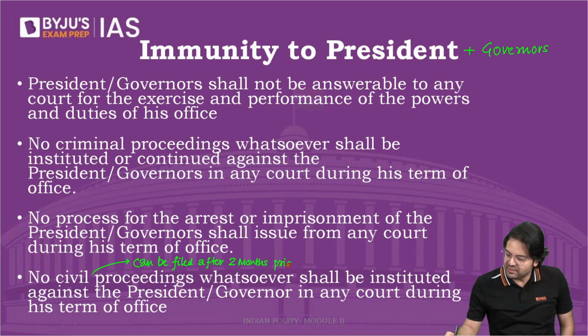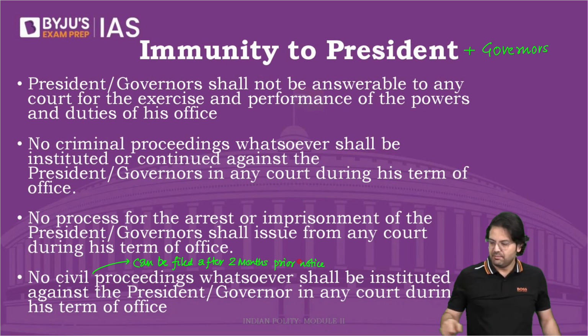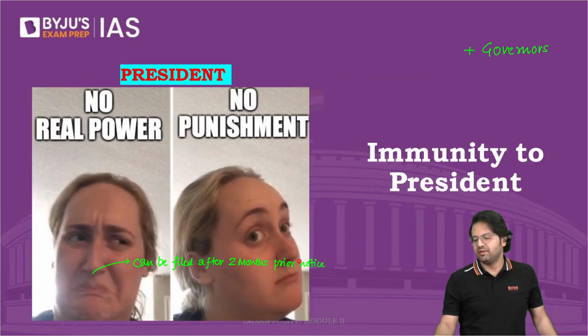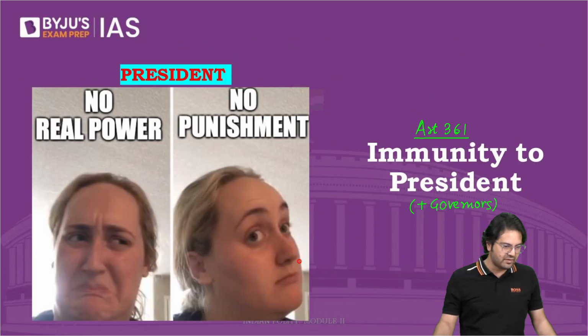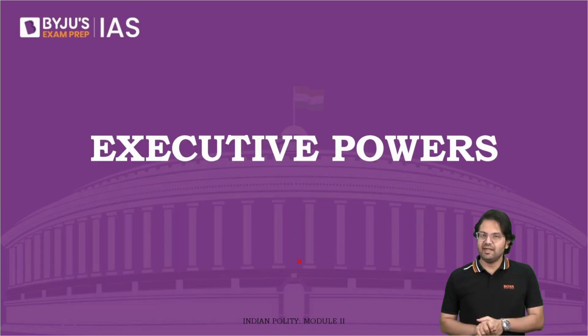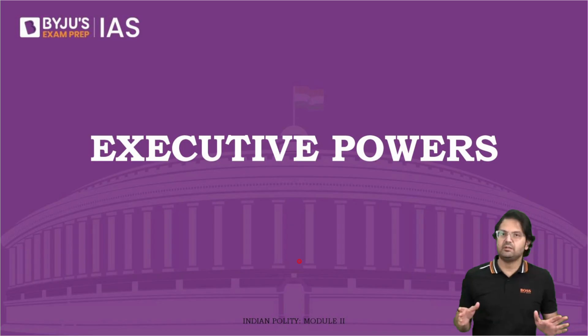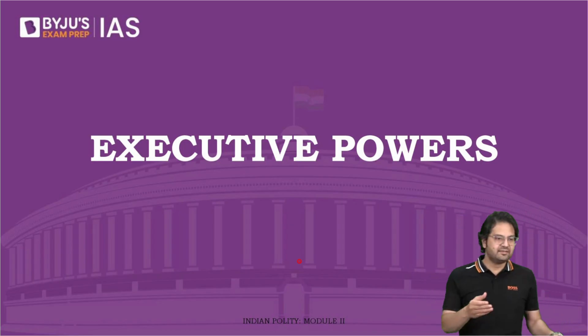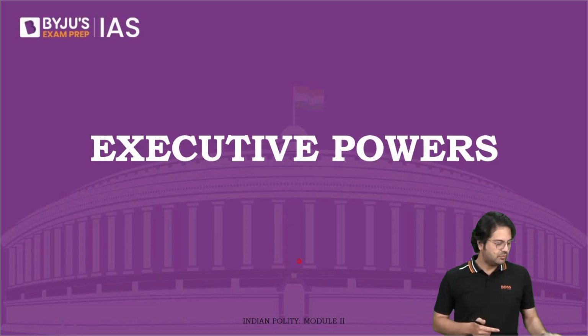So Article 361 mentioned here, immunity to the president as well as the governor. Discuss executive powers tomorrow. Okay, today let's end our session here only, and I'll just summarize the homework for tomorrow.